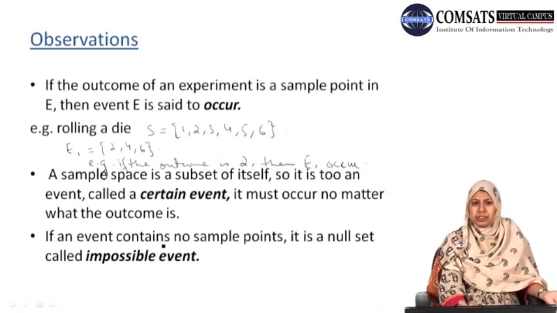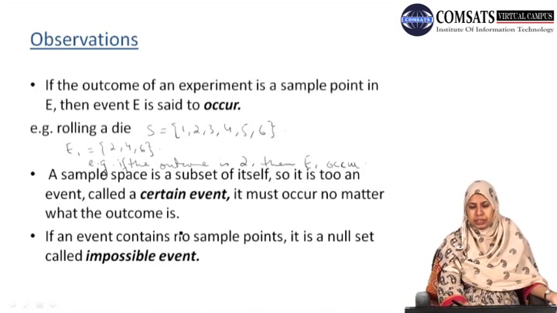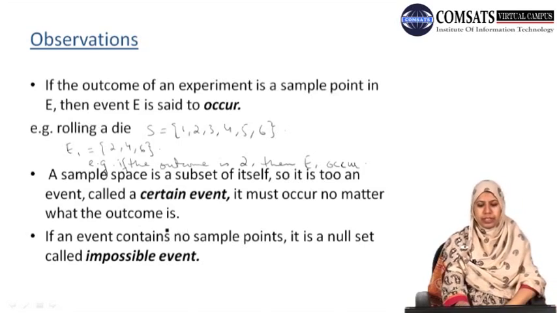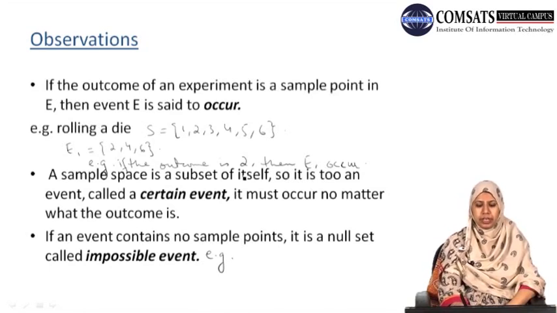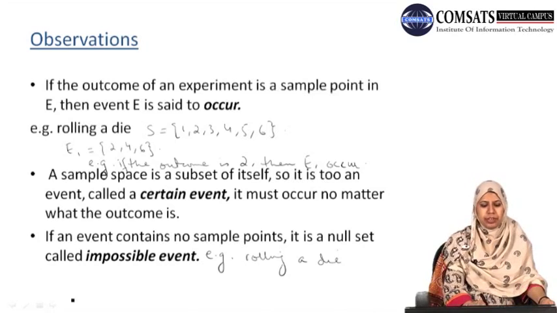If our event contains no sample points, then it is a null set and it is called an impossible event. For example, considering the example of rolling a die, we define our event as 7 occurs.